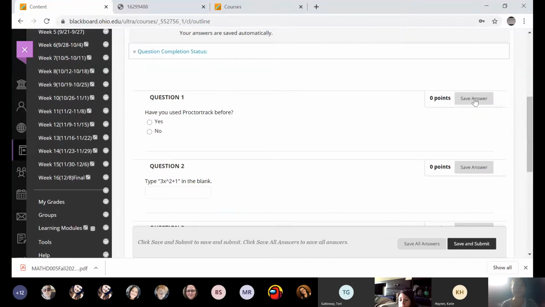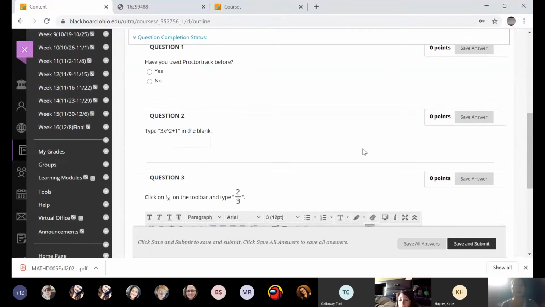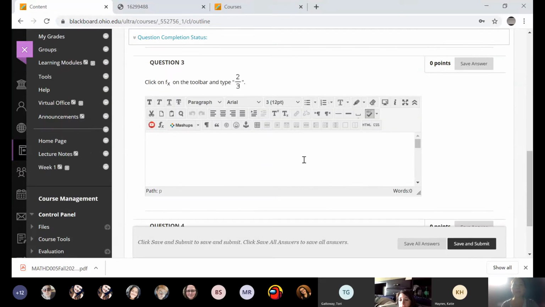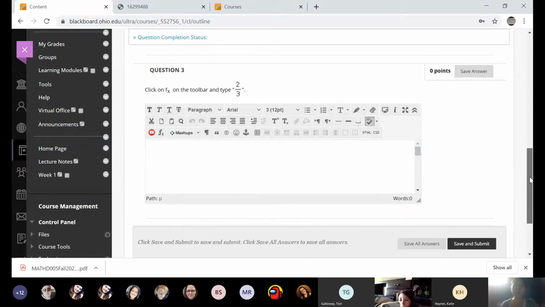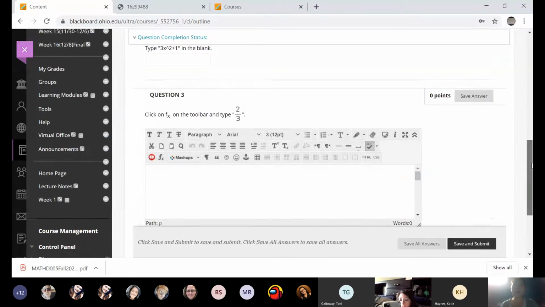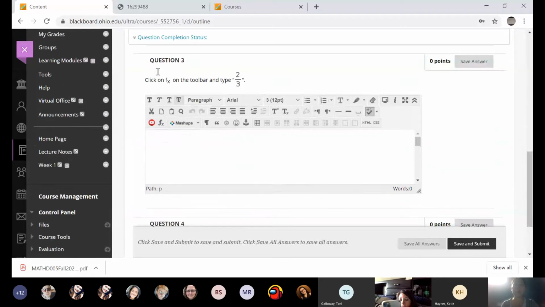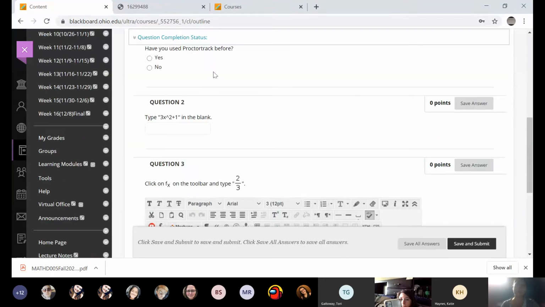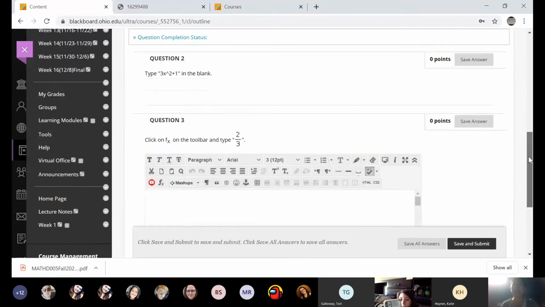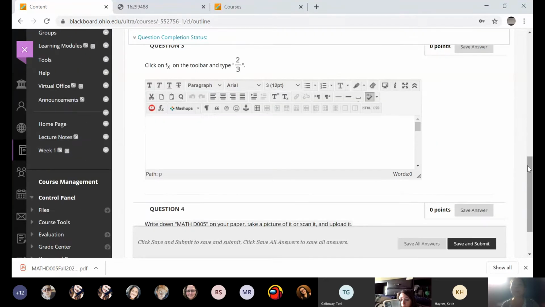You may have multiple choice, fill in the blank, and short answer. For our first exam next Tuesday, I will not have any multiple choice or fill in the blank. I'll just give you short answer questions, so every single question will look like this. I gave you different ones just to let you play with it and see what the system looks like.